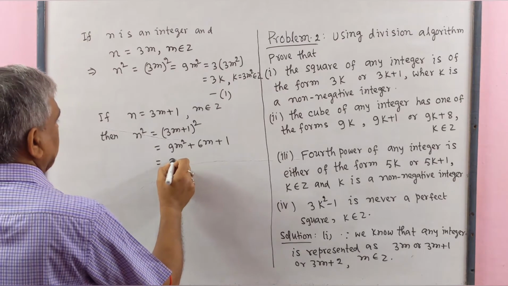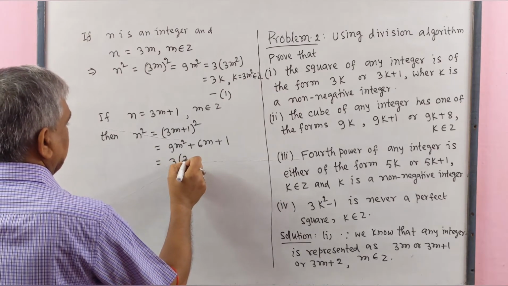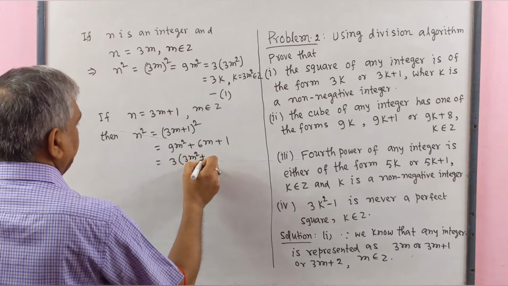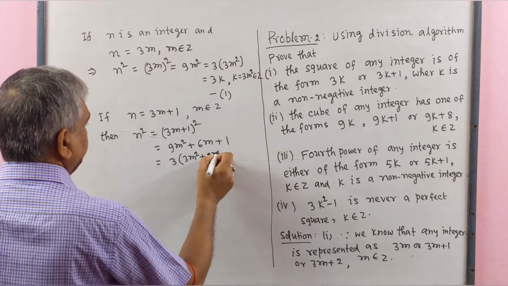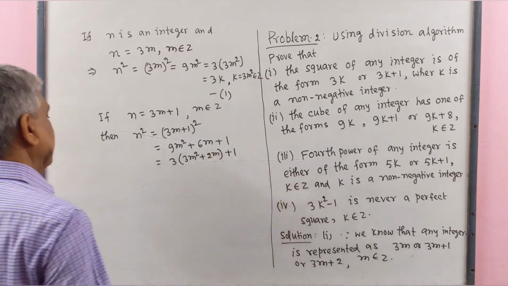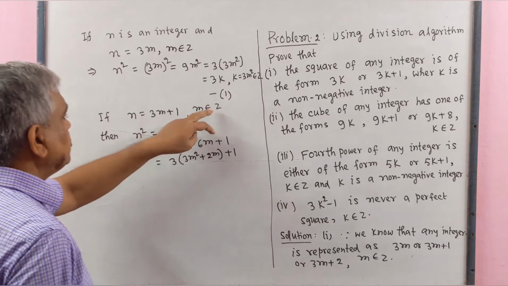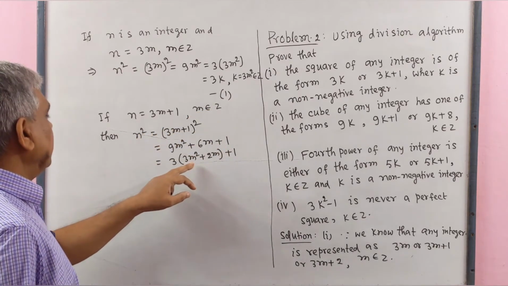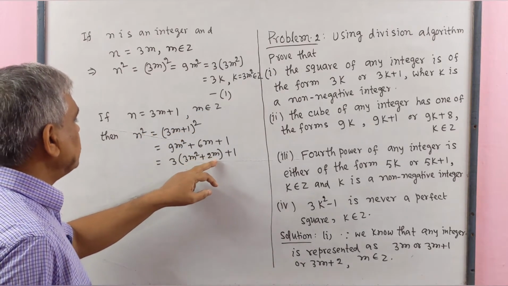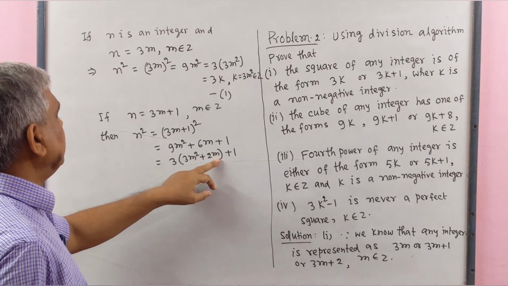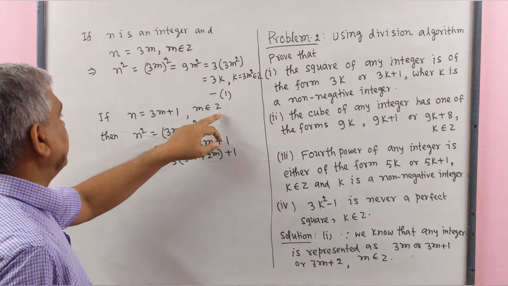This is equal to, we take common 3, 3 times 3m square plus 2m, plus 1. Since m belongs to Z, therefore 3m square plus 2m is also an integer.